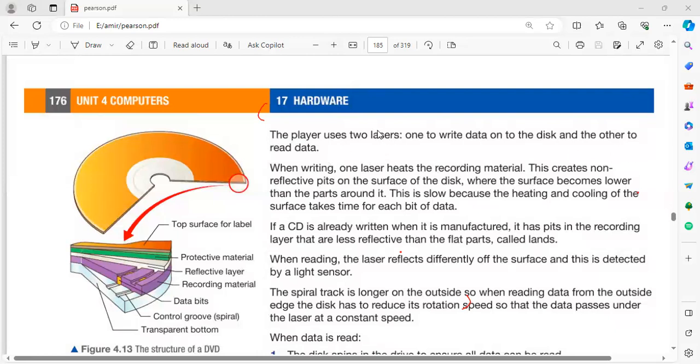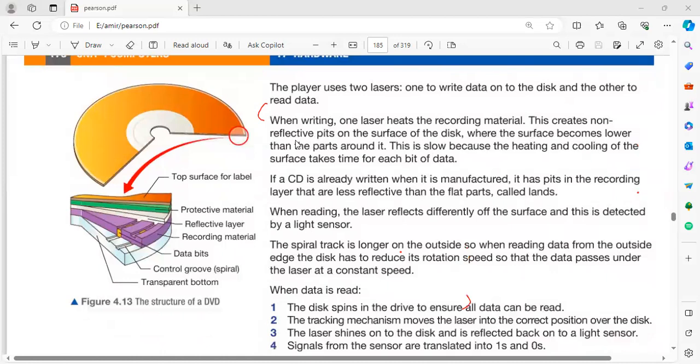When writing, one laser head and the recording material create non-reflective bits on the surface of the disk, where the surface becomes lower than the parts around it. This is slow because the heating and cooling of the surface takes time for each bit of data.